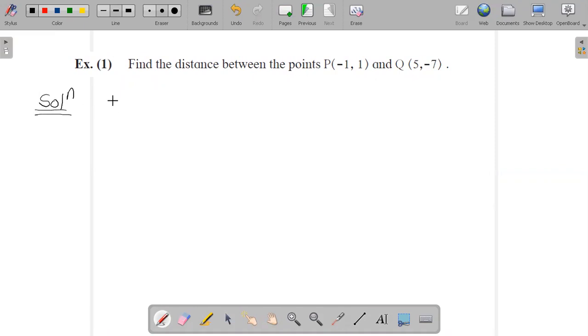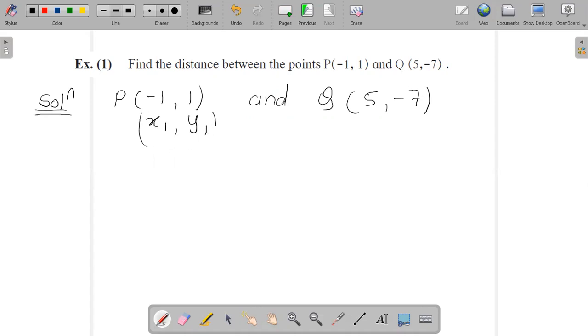First you write the coordinates that are given. P has coordinates -1, 1 and Q has coordinates 5, -7. Now the first point P, you take it to be having coordinates x1, y1. And the second point Q, you take those coordinates to be x2, y2.